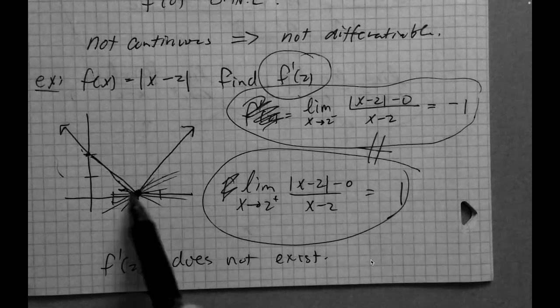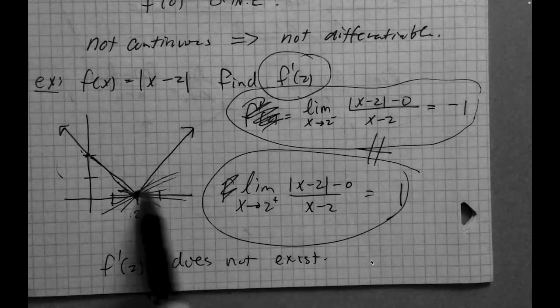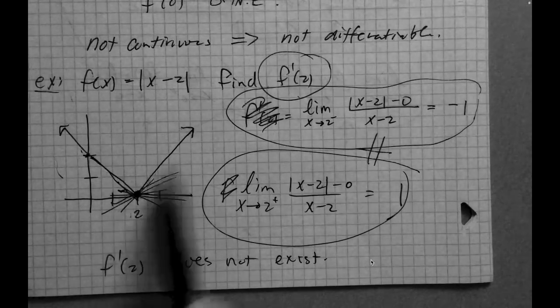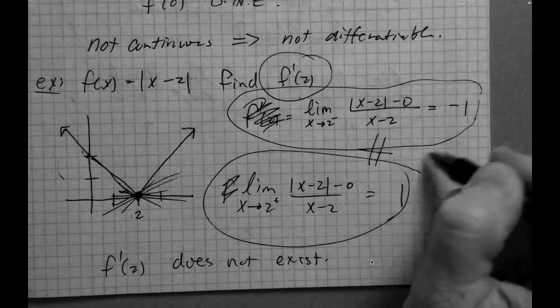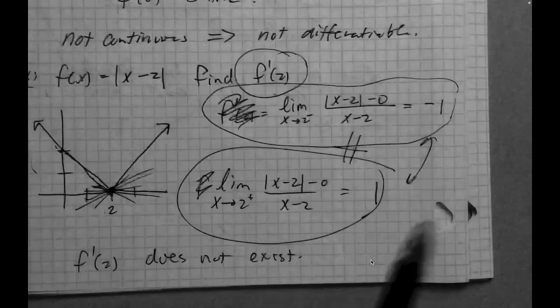It's just that the idea of a tangent line here is simply not workable, right? There's no way that a unique tangent line could exist at this point. And it bears out in the definition when you try to actually calculate the derivative. Okay, and so even though we haven't really proved this, this is the way it works.